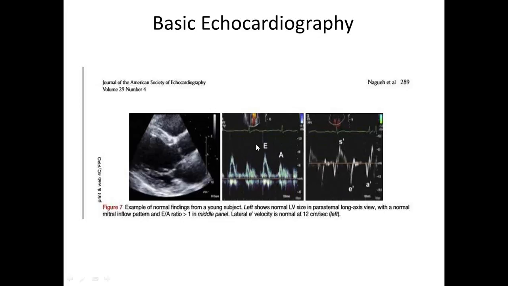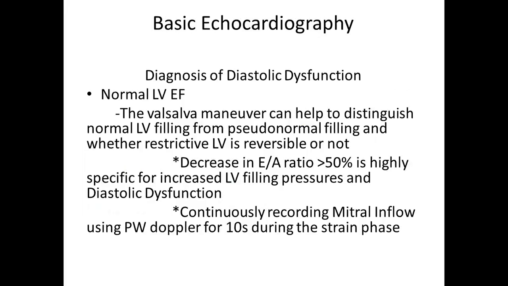Further into your diastolic dysfunction, you'll get a pseudo-normal pattern where your E and your A look like they're normal. But if you do the Valsalva maneuver, it will ferret out those patients who have diastolic dysfunction. You get a decrease in your E to A ratio greater than 50%.